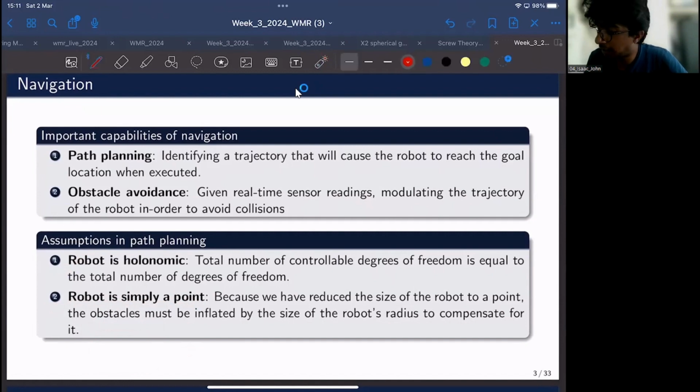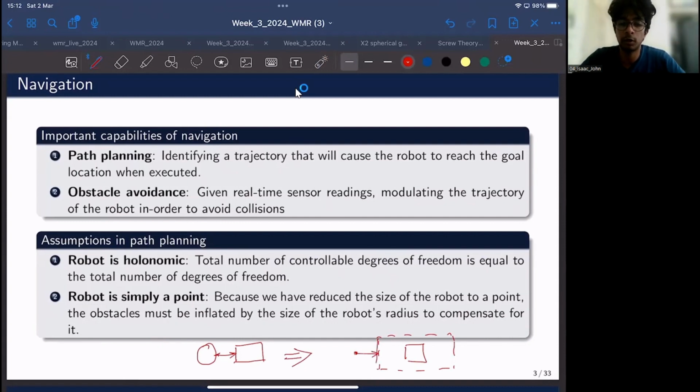For example, if you have an obstacle like this, and a robot like this, you can get an equivalent effect by treating the robot as a point and inflating the object with an offset comparable to the radius or dimensions of the robot. When the robot actually collides with this object, it is the same as this point coming into this inflated field. You will more or less get the same effect.